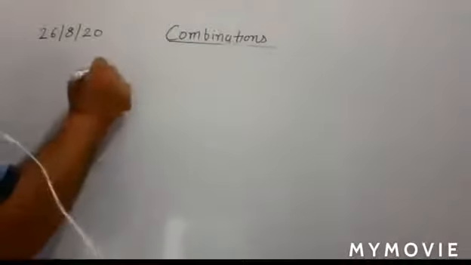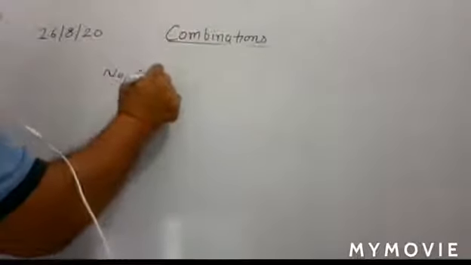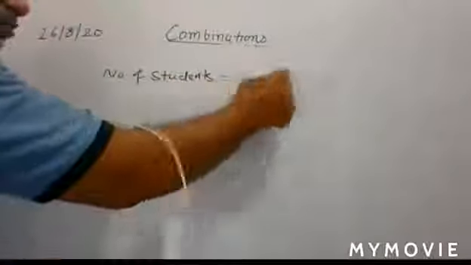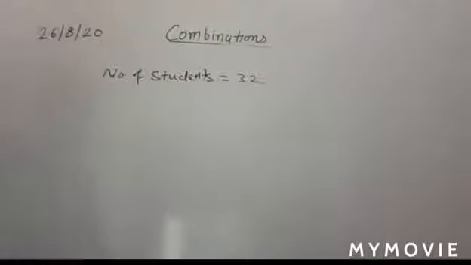So here the number of students is equal to 32, and you have to find the number of ways of selecting 4 students for the competition.